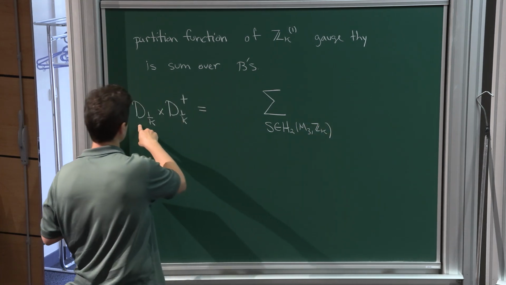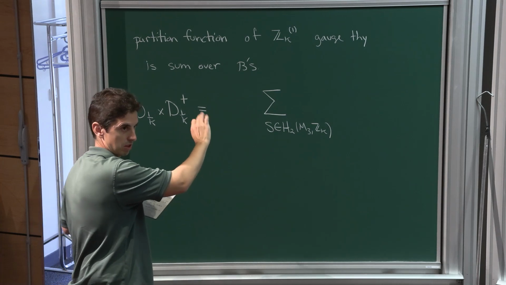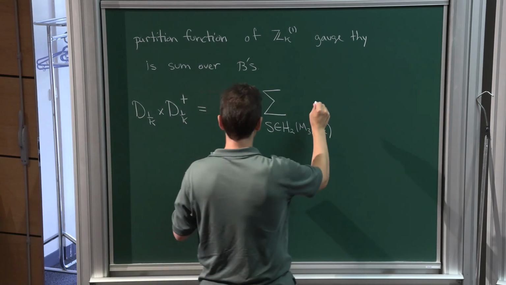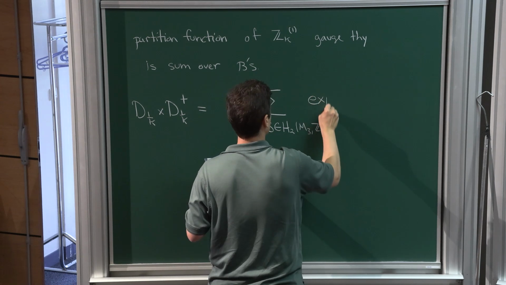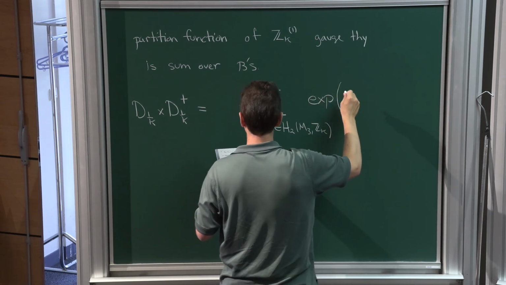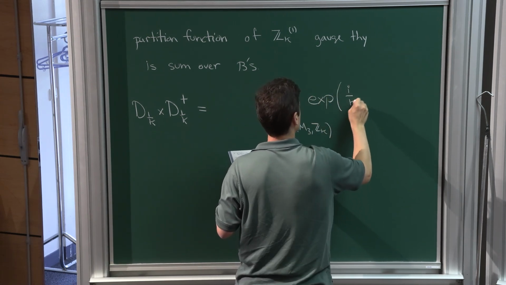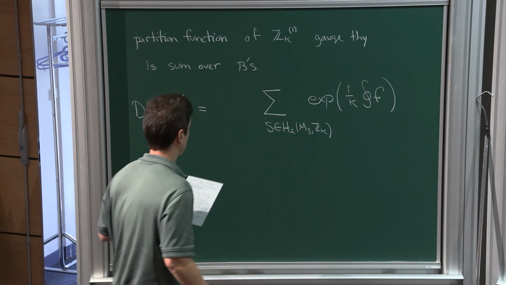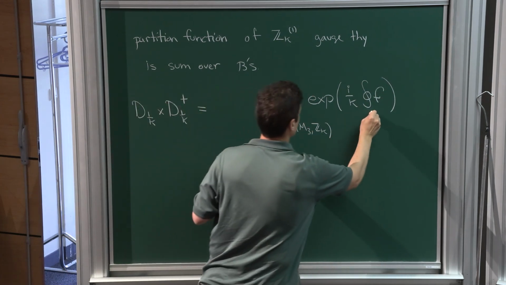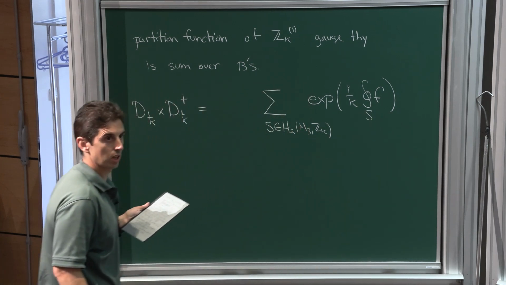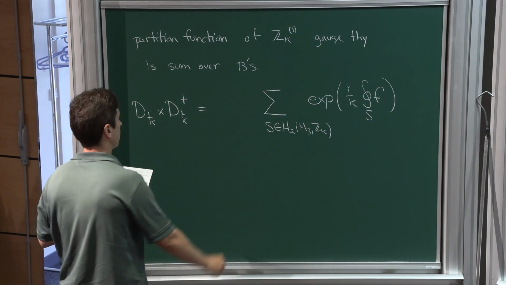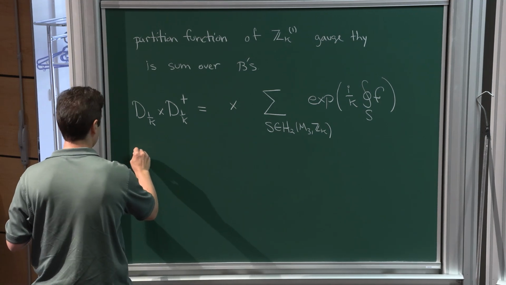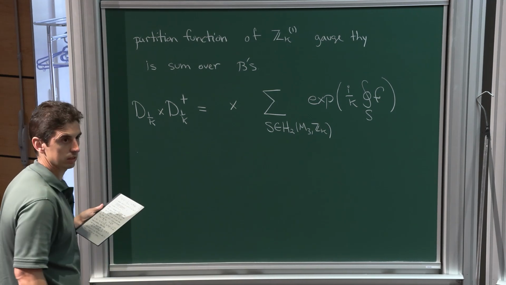Here, the defects are supported on M3, so there's a 3-manifold in the problem from the outset. And here we put these surface integrals of the one-form symmetry. And then there's a number here, x. So x is a coefficient that I haven't fixed yet.